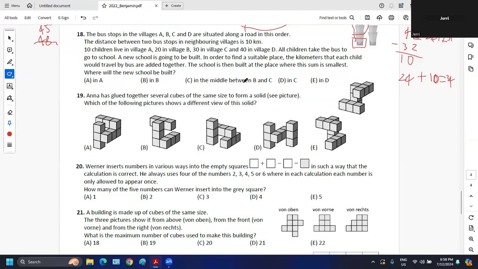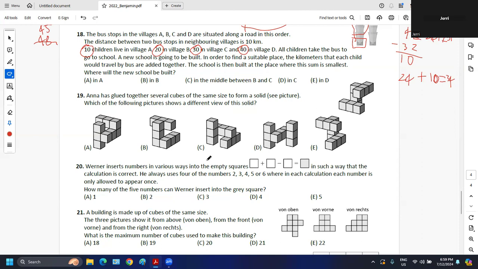Question number 18. The bus stops in the villages A, B, C, and D are situated along a road in this order. The distance between the bus stops and neighboring villages is 10 kilometers. 10 children live in village A, 20 in village B, 30 in village C, and 40 in village D. All children take the bus to go to school.